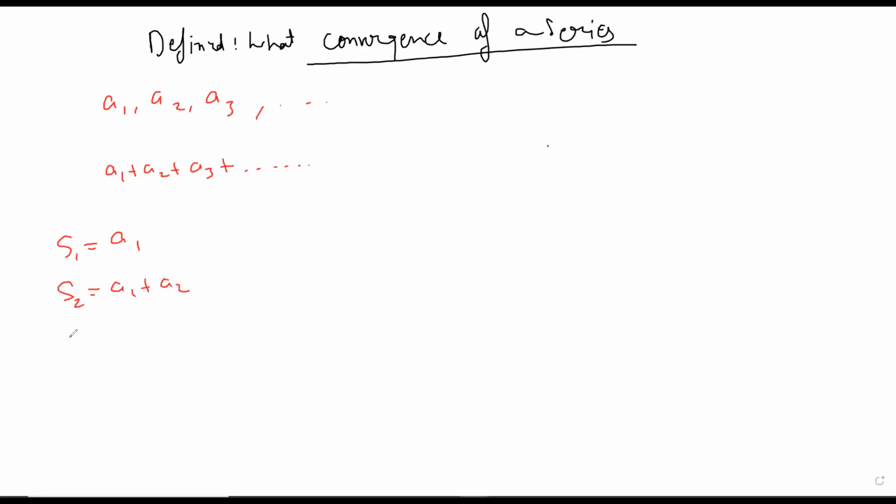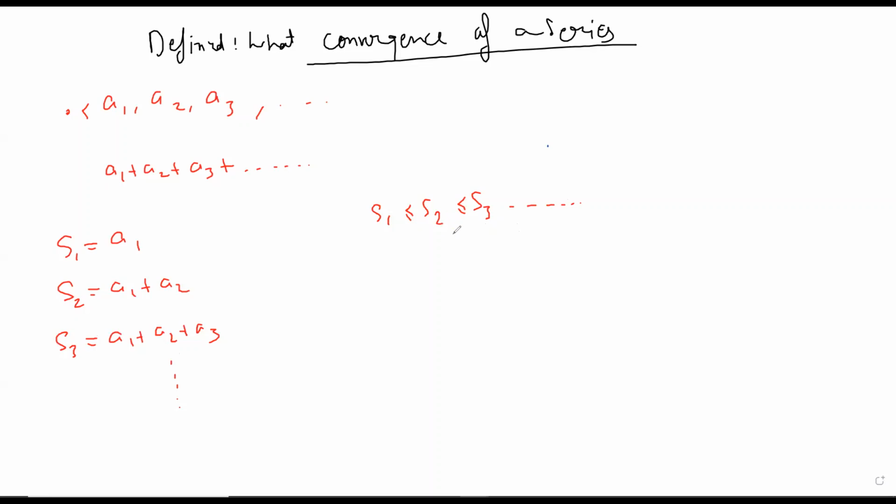We know that S1 is less than S2 less than S3, since A1, A2, A3 are all positive. So this ensures that the sequence S1, S2, S3 is a monotonic increasing sequence.